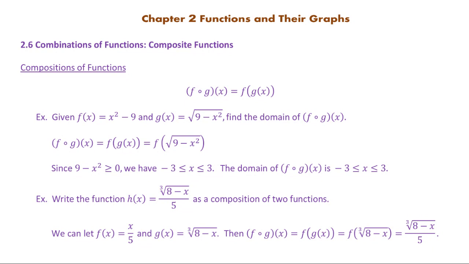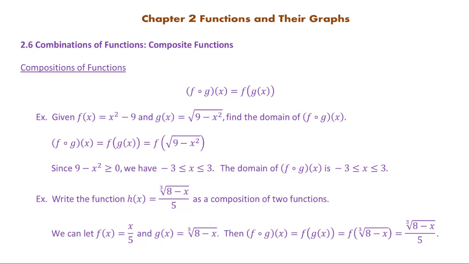This answer is not unique. So for example, we can let f equal to x over 5. If you look at the whole structure of this function, it's a division, so you can let f equal to x over 5, and then g equals cube root of 8 minus x.